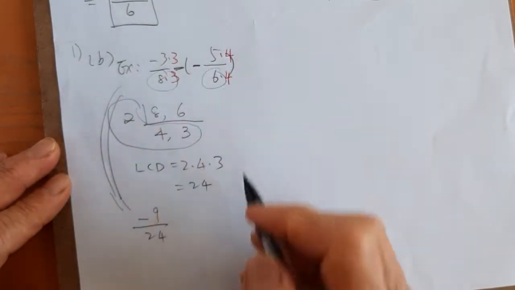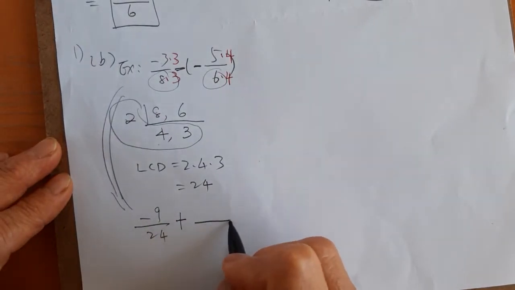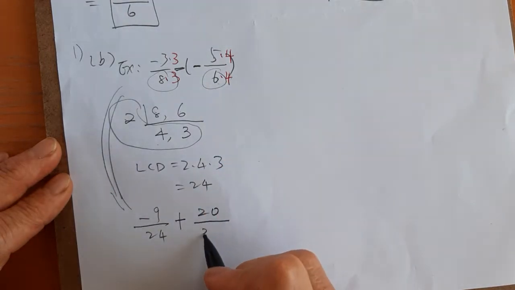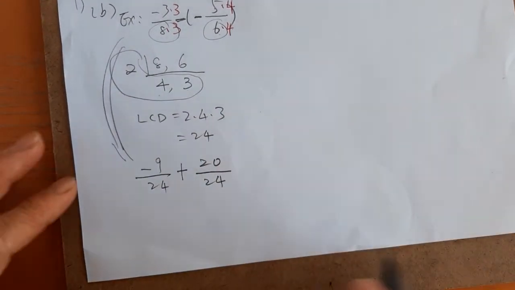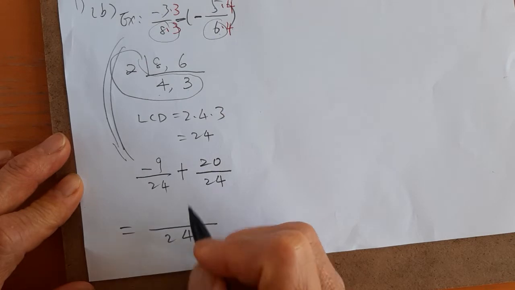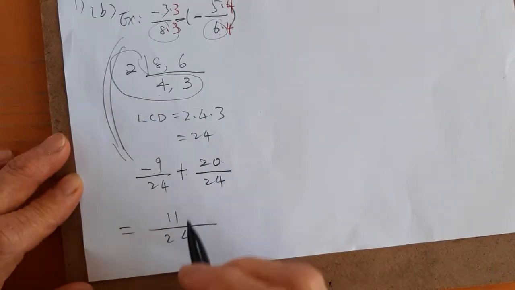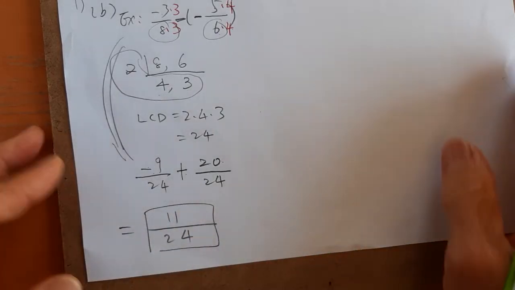Minus negative times negative become plus. 5 times 4 is 20 over 6 times 4 is 24. They have the same denominator, 24. Then you do negative 9 add 20. So it's 20 minus 9, got 11 over 24.